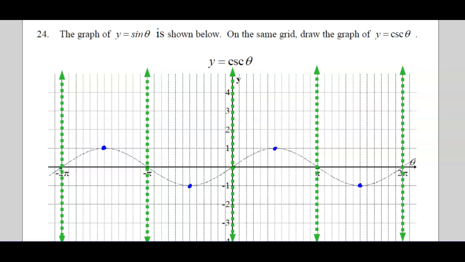Okay? So this is a nice one to do because the reciprocal of a half is 2. And it's going to be the same on the other side. Reciprocal of negative a half is negative 2.